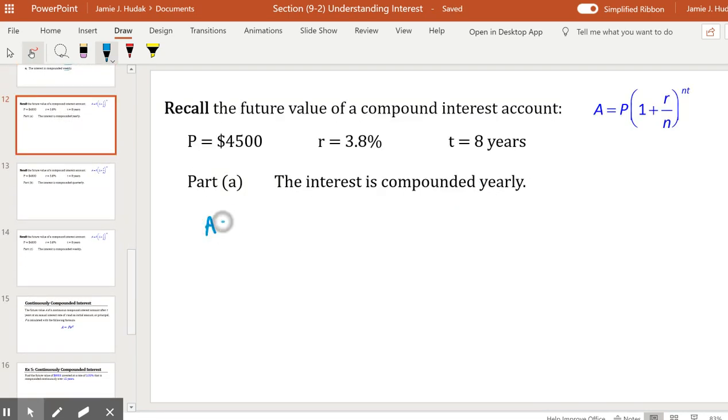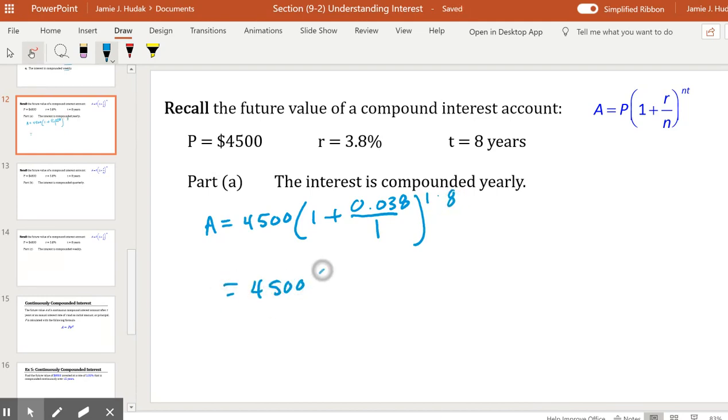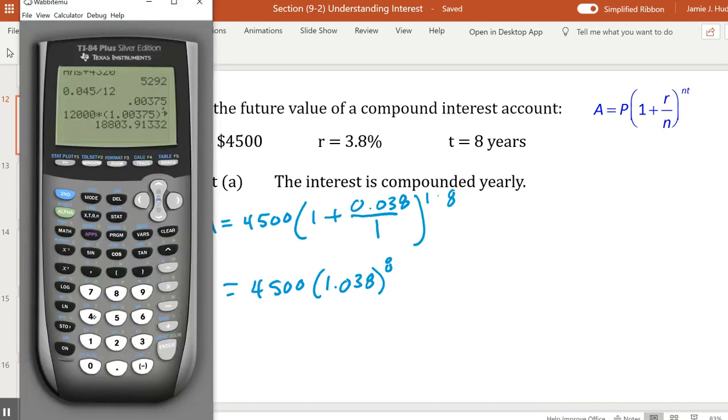So the future value of $4,500 times 1 plus 0.038 compounded yearly, that's a 1, raised to the 1 times 8. We have 4,500 times 1.038 raised to the 8. This was easy to simplify because it was over 1. We go to our calculator, 4,500 times 1.038.